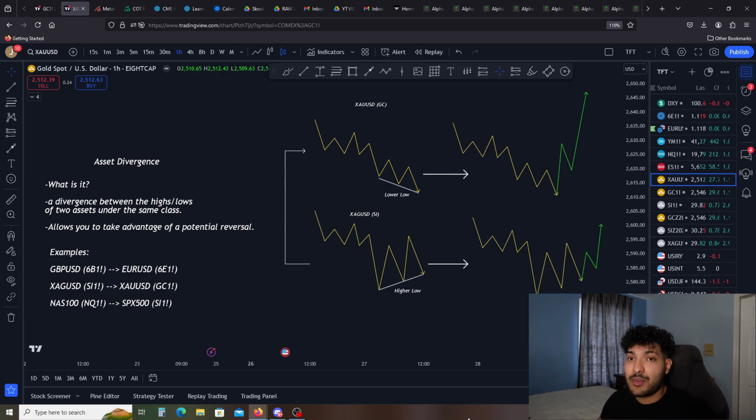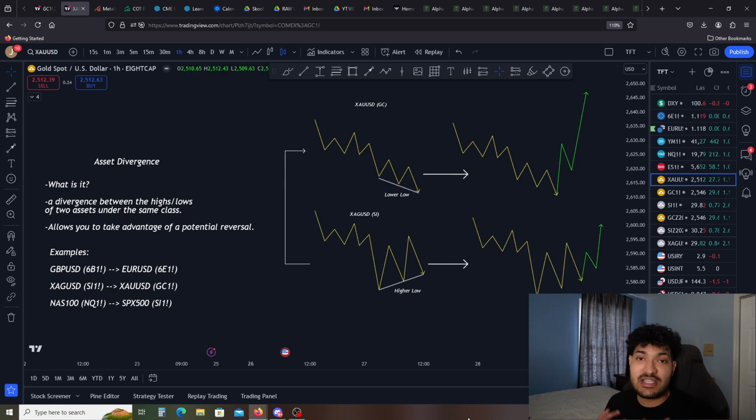In this case, we want to go from the not popular pair to the popular pair. If you look at the examples I just put up, this is how you have to have it structured. GBP USD is overlaid onto Euro USD. Silver is overlaid onto gold, and Nasdaq is overlaid onto ES, which is SPX 500. Because again, these pairs are less popular than the pairs that are superseding them.